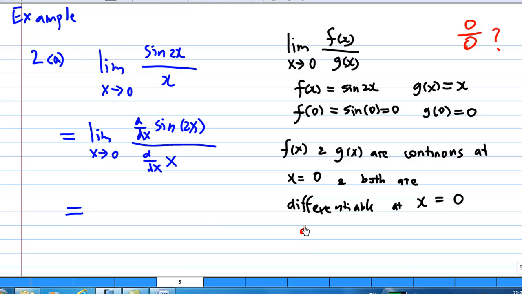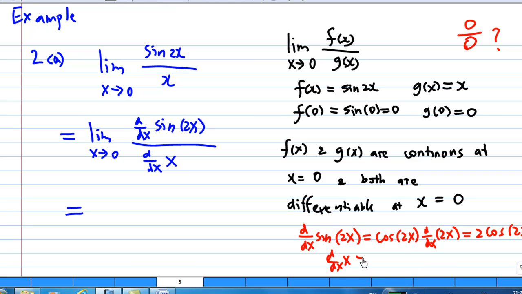And we know that the differentiation of sine 2x is equal to cosine 2x first, and then you differentiate 2x using the chain rule, and this will give you 2 cosine 2x. And we know the differentiation of x is 1.